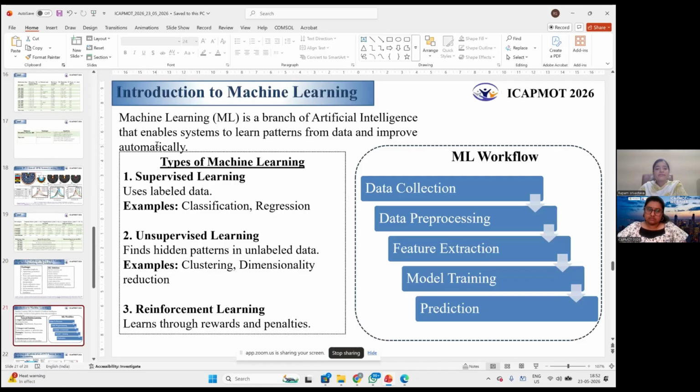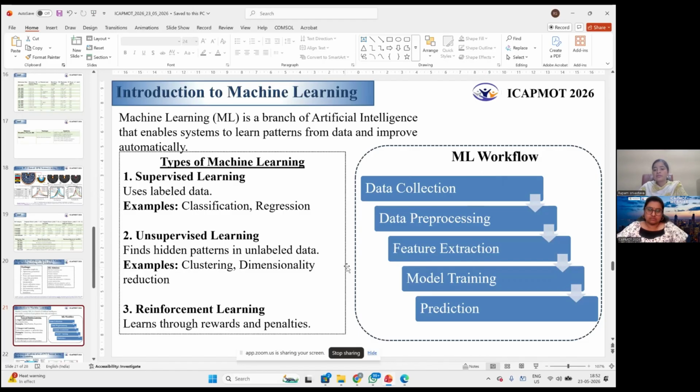So what is machine learning? Machine learning is a branch of artificial intelligence that enables systems to learn patterns from data and improve automatically. There are various types of machine learning techniques like supervised learning, unsupervised learning, and reinforcement learning. The machine learning workflow basically consists of, first of all, data collection, which is very important because machine learning requires a huge amount of data.